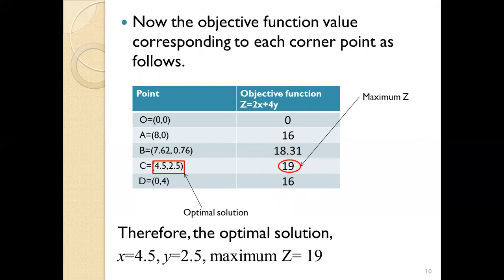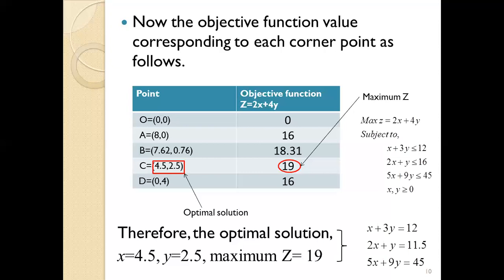Now I will show that this optimal solution satisfies all the constraints. This is an additional part illustrated for your knowledge and not a part of the solution. See, we have 3 constraints. We will take the left-hand side of all constraints and substitute the optimal solution. The left-hand side of the first constraint is x plus 3y.